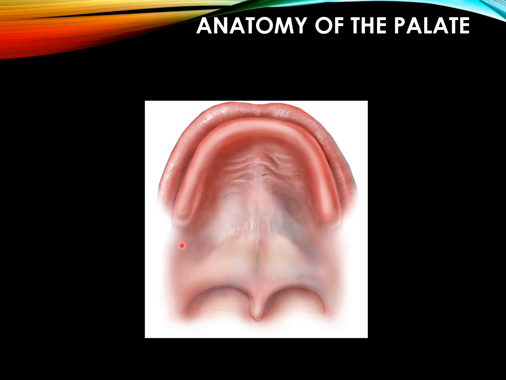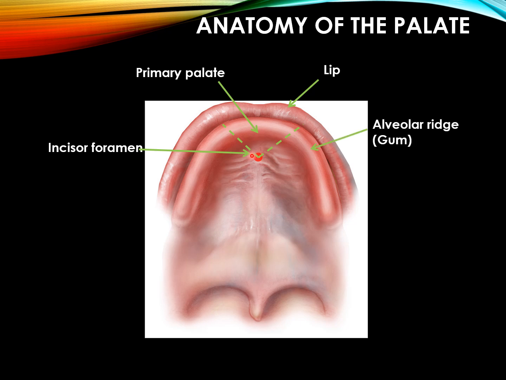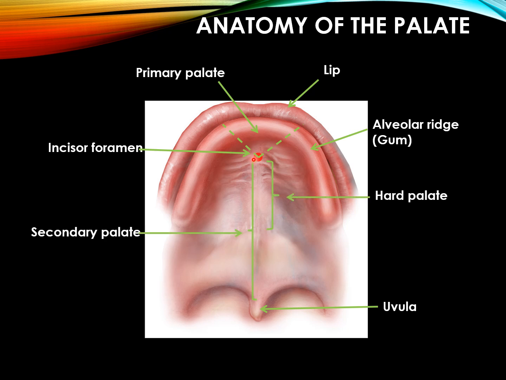You can see the primary palate, which is the triangular area in front of the incisive foramen, including part of the lip and alveolar ridge, and the secondary palate, which extends from the incisive foramen to the uvula. The secondary palate is divided into the hard and soft palate.